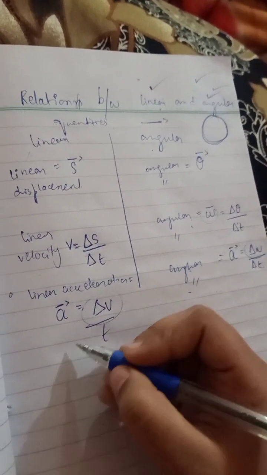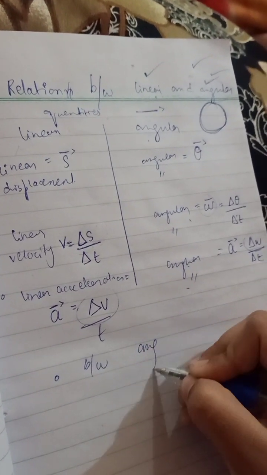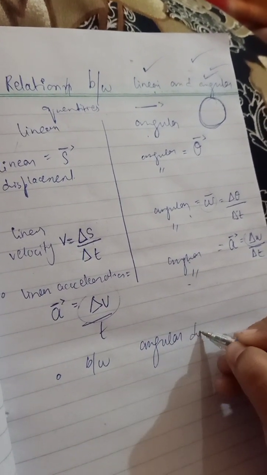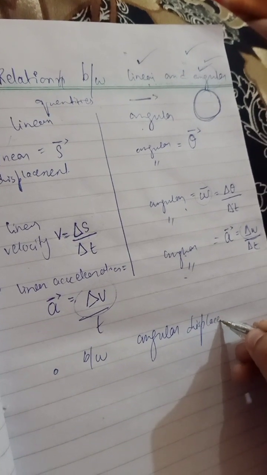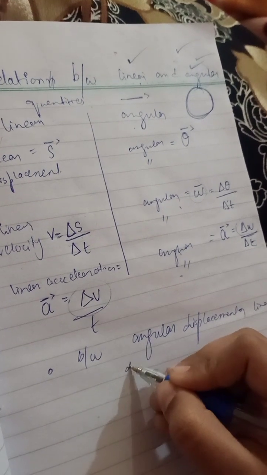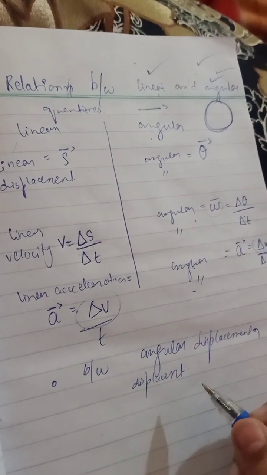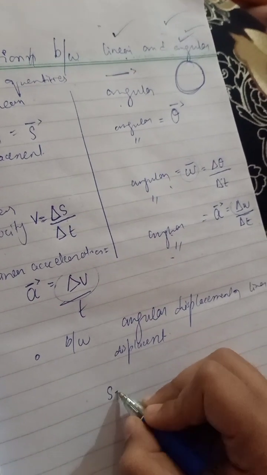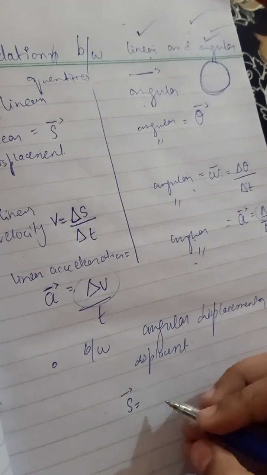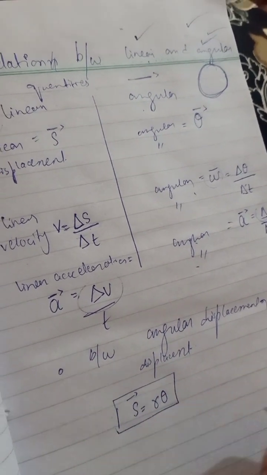So the first relationship is between angular displacement and linear displacement. As you all know, we found a formula: the linear displacement s is equal to the radius times theta.